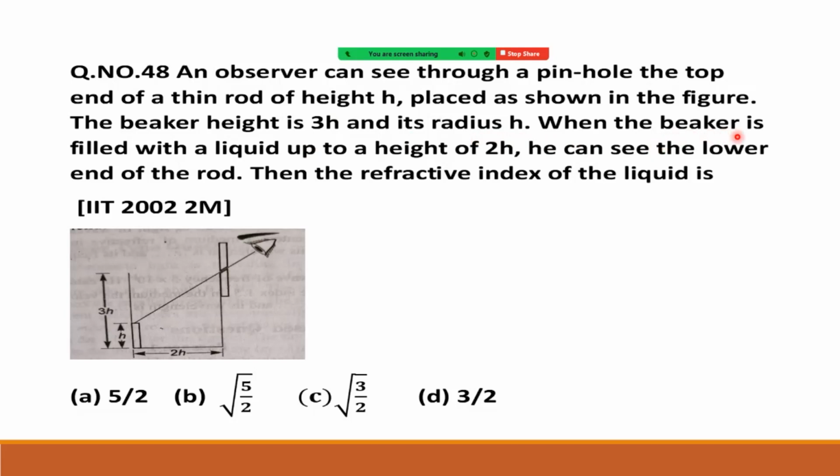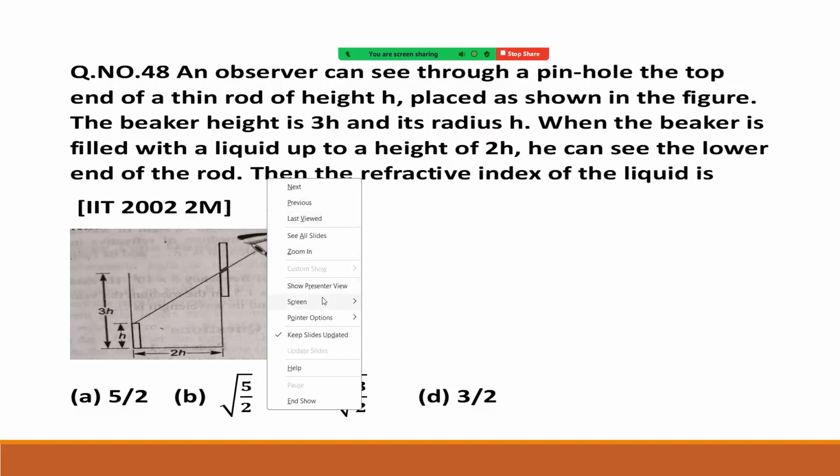When the beaker is filled with a liquid up to a height of 2h, he can see the lower end of the rod. Then the refractive index of the liquid is... This was asked for 2 marks in 2002. Let us see how to start the problem.